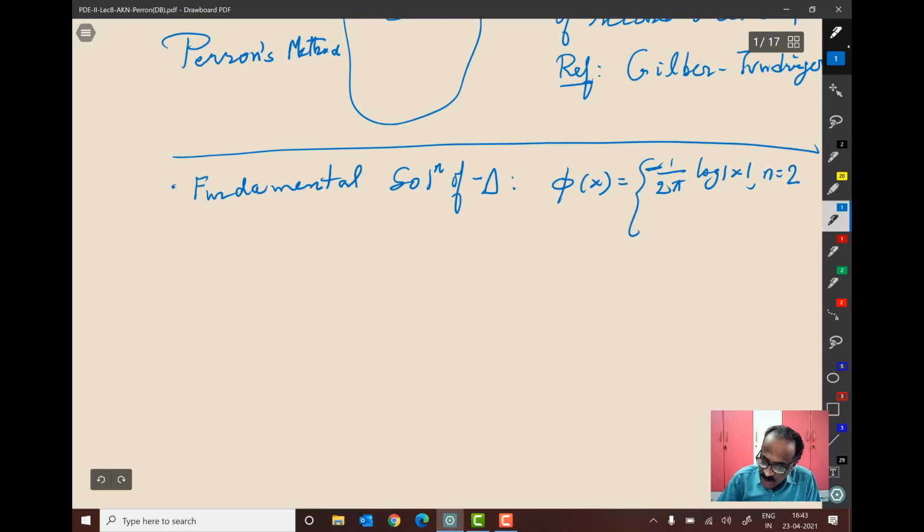It depends on dimension, and otherwise it is 1 over n(n minus 2) omega_n times modulus of x to the power n minus 2, when n is greater than or equal to 3. Here omega_n is the volume of the unit ball of radius 1 in R^n.